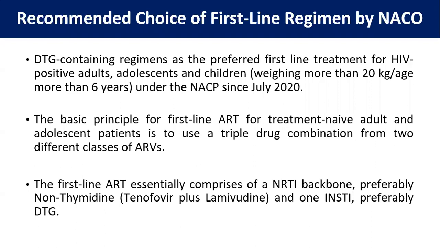So for any patient who is treatment naive, adult and adolescent, we are to use triple drug ARVs, especially from 2 different classes of ARV. So under the national program, it is an NRTI backbone, non-thymidine, that is tenofovir plus lamivudine, and one INSTI, that is dolutegravir.